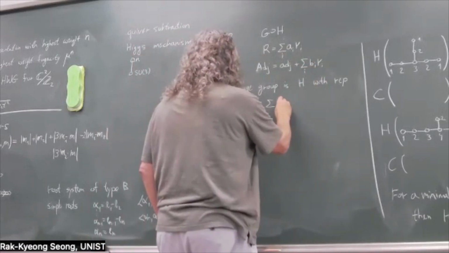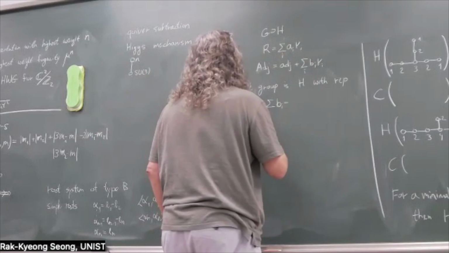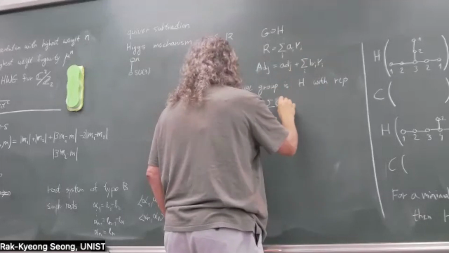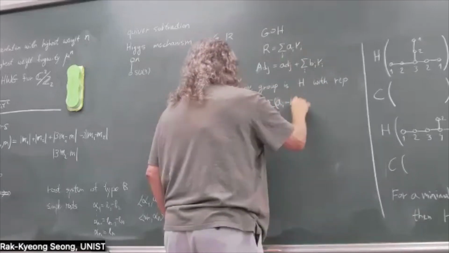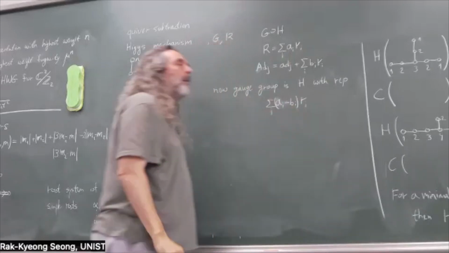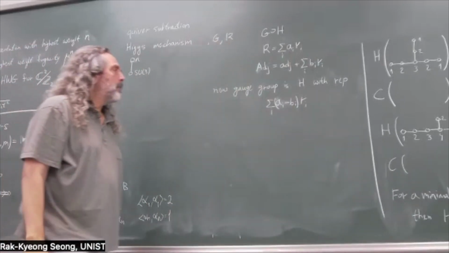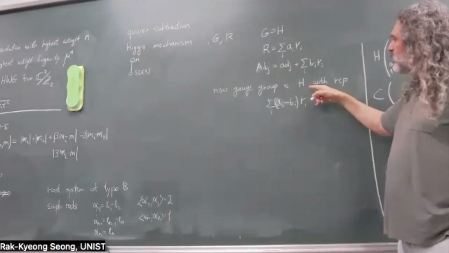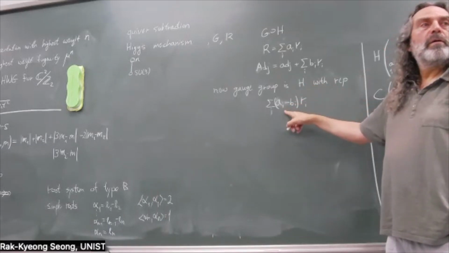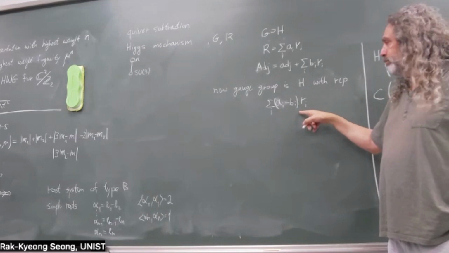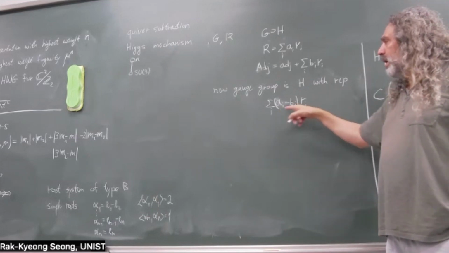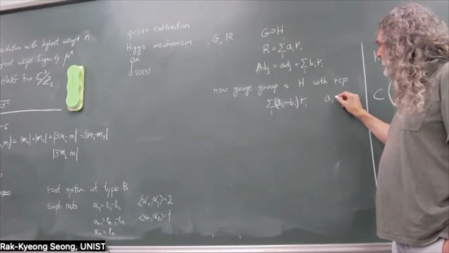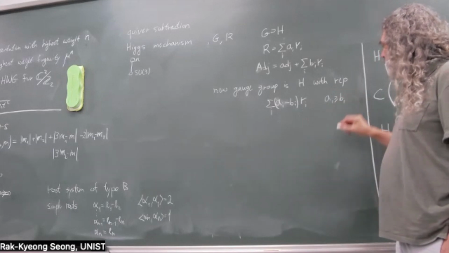So what remains after I absorb it is A_i minus B_i times R_i. So the new gauge group will be H with this representation, except that I count representations non-negative. So I have a condition that A_i must be bigger or equal to B_i for any i.